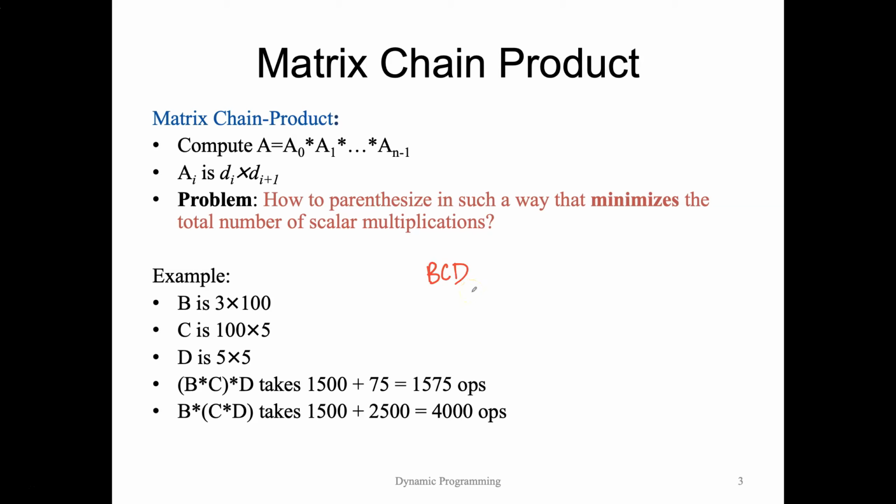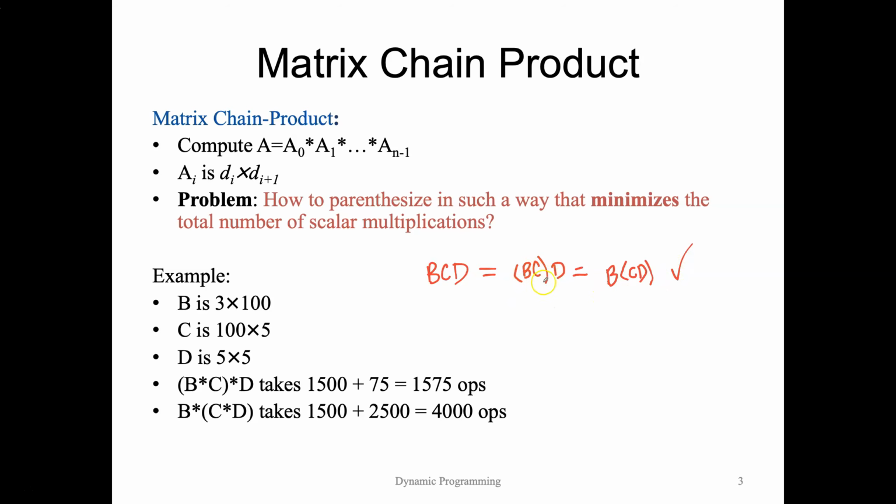Now, matrix multiplication is associative. That means we can group them in any way and we don't change the value. So multiplying all these together is the same as if we were to multiply B times C first, figure out what that resulting matrix is, and then multiply that matrix by D. And this is also the same as if we were to instead multiply C times D together first, and then take whatever that resulting matrix is and multiply it with B. So matrix multiplication is associative.